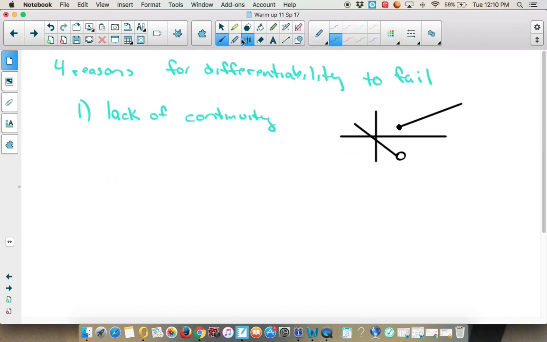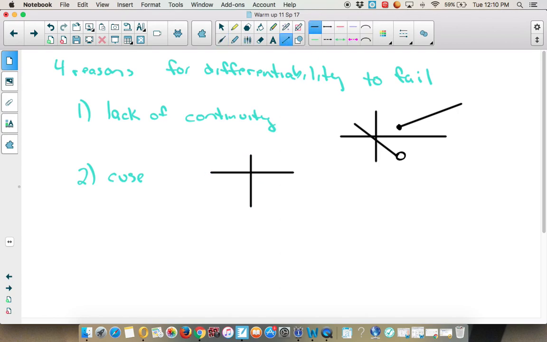Okay, the next type is a cusp. Graphically, what that looks like for your f of x is it's going to come down and then it's going to bounce back up.